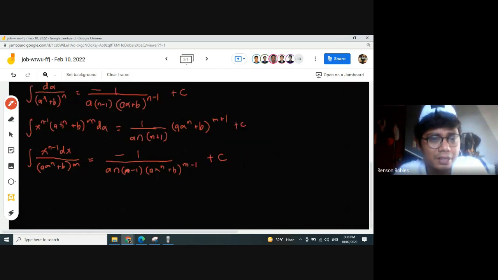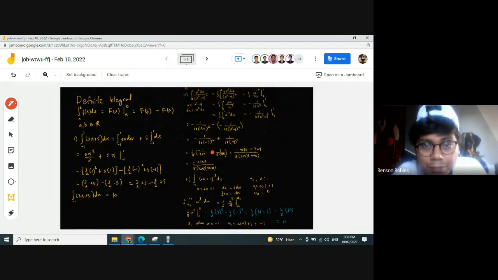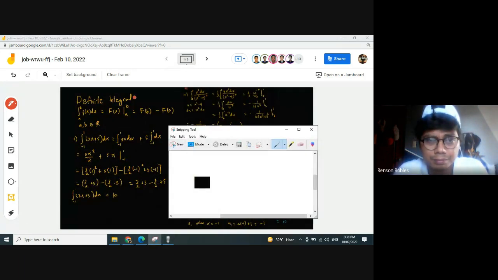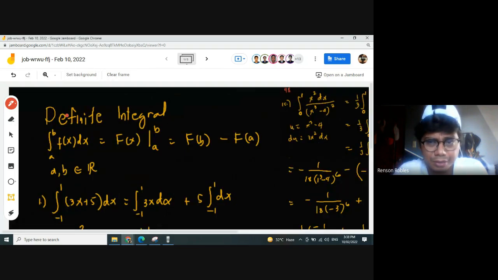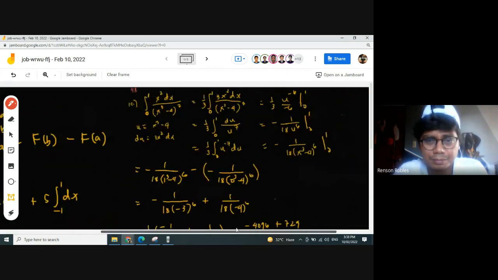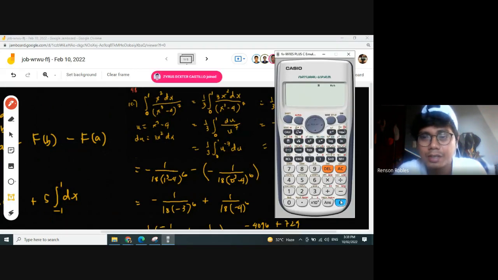And you can verify this one by using the previous example. Itong number 15. Kunin ko lang. By the way, hindi ko pala ito napindot. Sorry. So that's 10. Na.